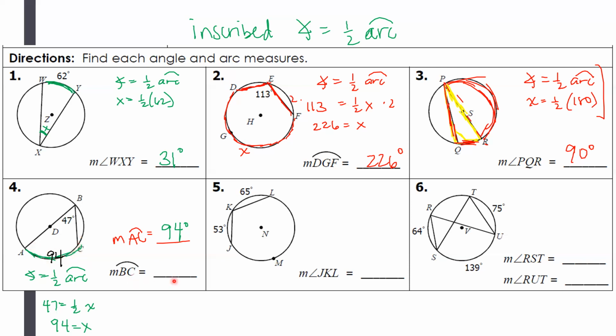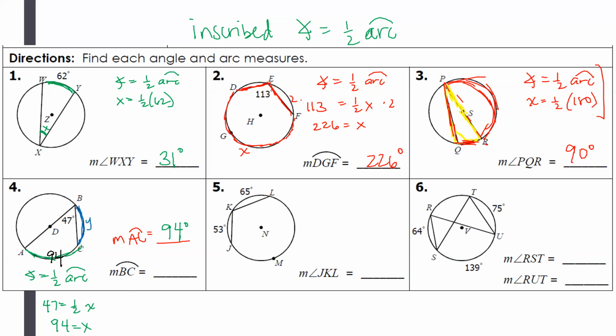Now let's actually answer the question I was asking. If we know that the arc AC is 94 and BA is a diameter, then I know that whatever this piece is out here has to add to 94 to get 180. So let's see, I'll make it blue. This arc here, whatever it is, has to add to 94 to get 180.